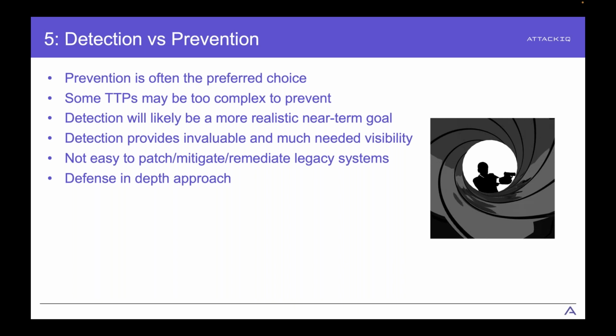Now, some TTPs, tactics, techniques, and procedures can be quite complex to fully prevent due to various dependencies, for example, and that becomes further complicated by legacy systems that cannot be patched, cannot have their configurations changed for whatever reason. Maybe there's a critical medical device connected to an old Windows OS, for example. So just something to be mindful of.